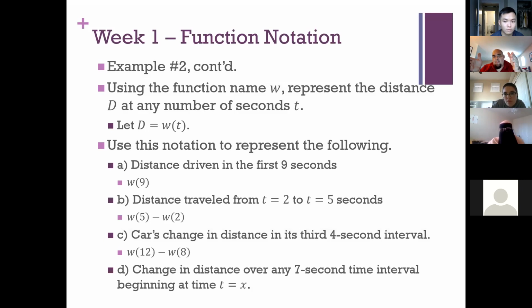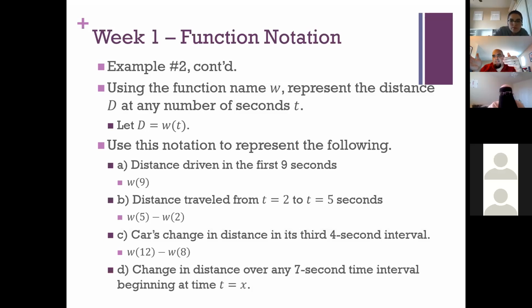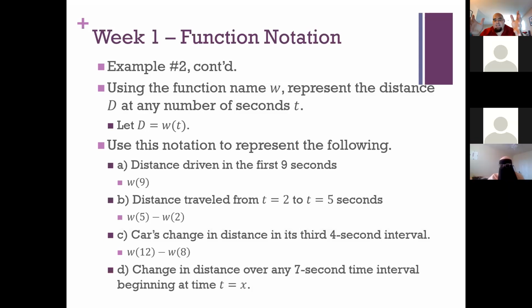And the third one, which is the one I'm interested in, is between t equals 8 and t equals 12. So if I find the distance that's been traveled after 8 seconds and the distance traveled after 12 seconds, that difference gives me what I'm asking for. Okay, I get it now. Good.